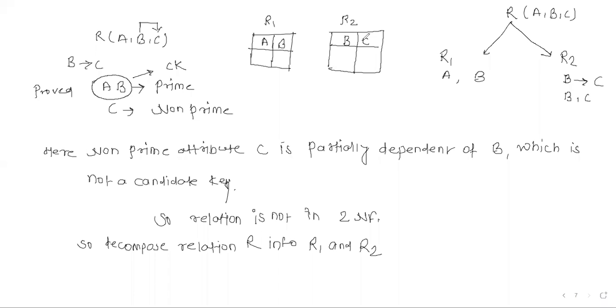R2 will be having the attributes B and C, where B is going to help you to combine these two tables. So this is how we have removed the partial dependency that exists in a relation by decomposing it into two relations.